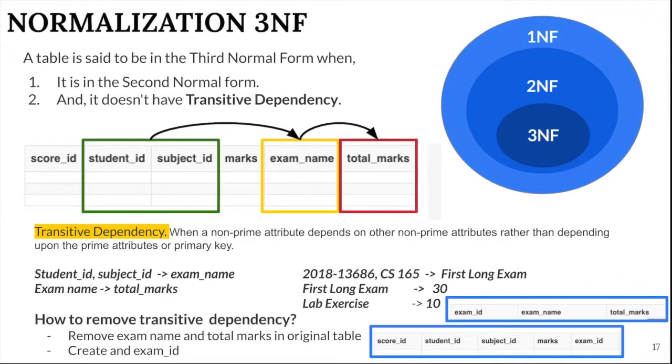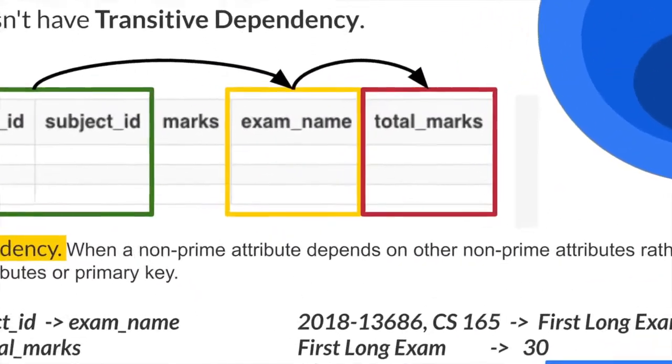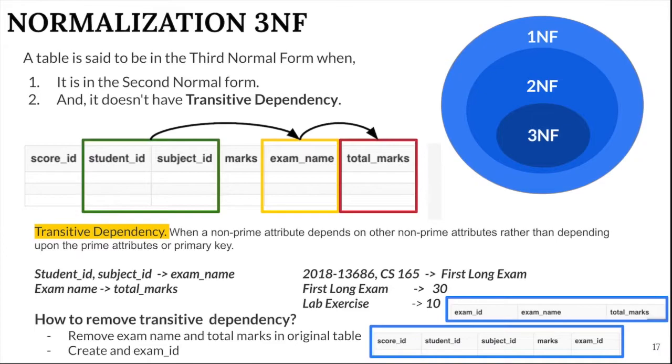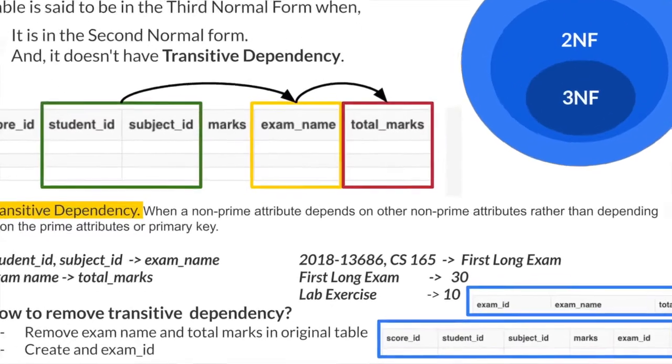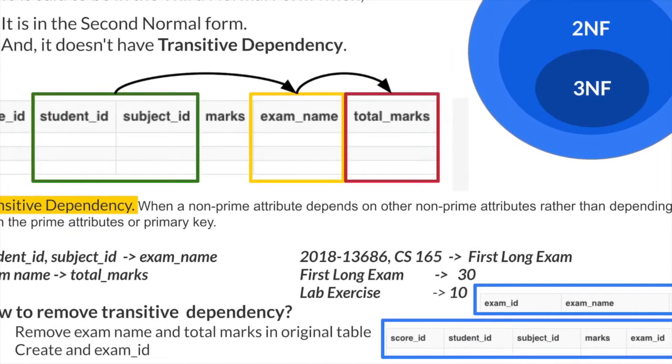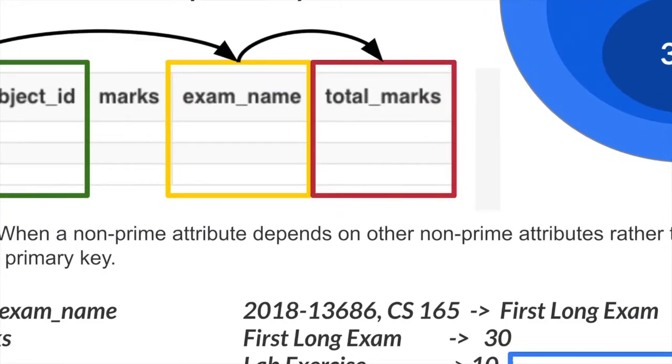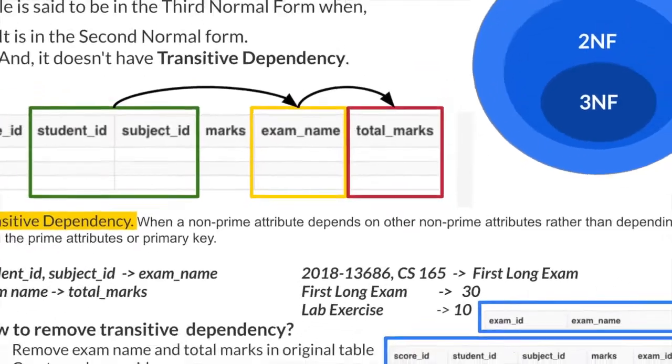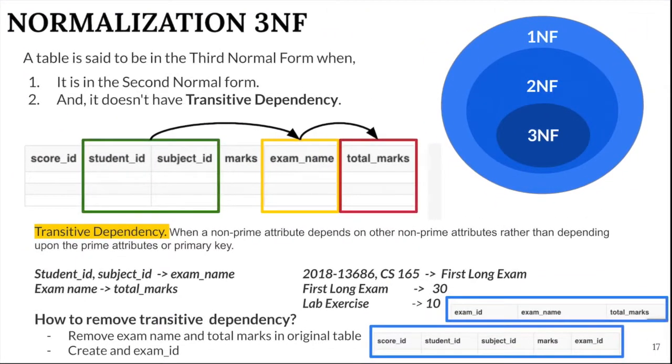And if there exists this type of relationship, then we need to remove the exam name and total marks, yung second functionally dependent attributes, and then create an exam ID.